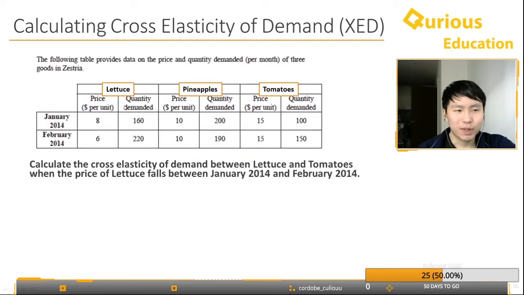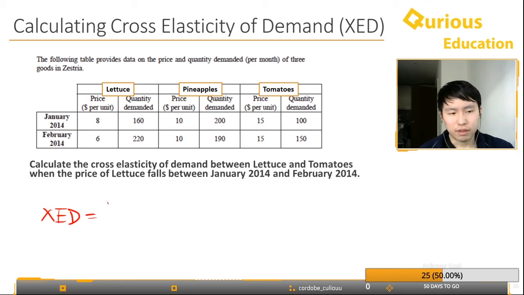We've got lettuce, pineapples, and tomatoes in this case, for Sestria, wherever that is. We're asked to calculate the cross elasticity of demand between lettuce and tomatoes throughout this period. Again, if we think of the formula, XED is how sensitive the quantity demanded for tomatoes is in response to a change in the price of lettuce.